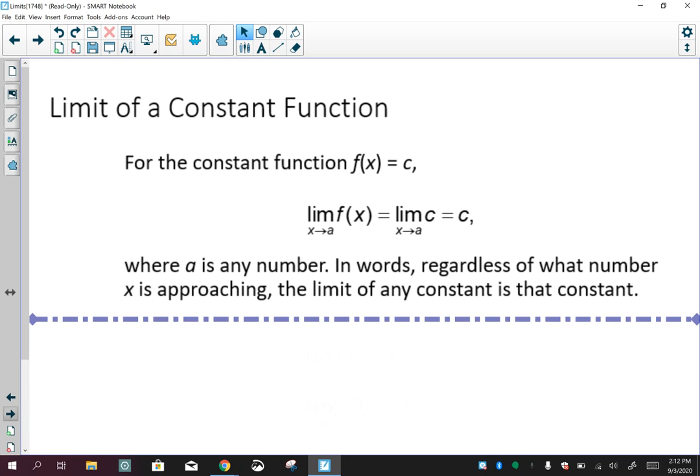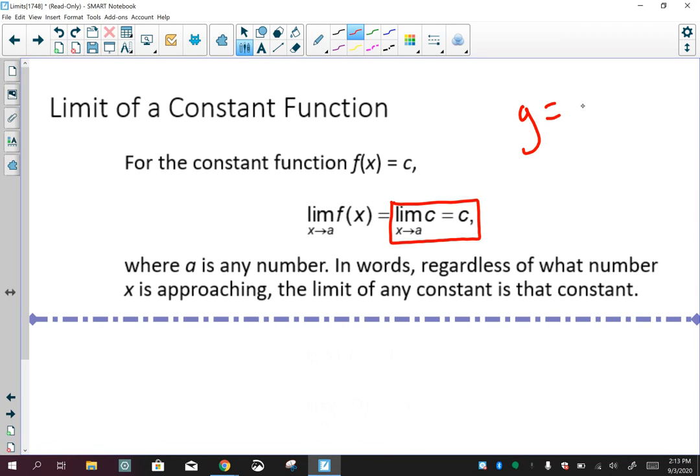Limit of a constant. Basically, what this is saying is if I give you a limit and I say the limit as x approaches a of c, so I'm basically saying y is equal to c. So I've got this horizontal line sitting here. I want to know what's that limit.